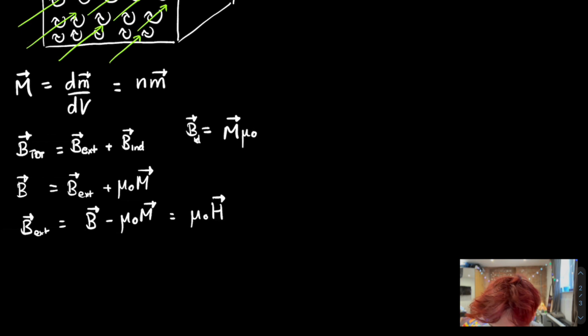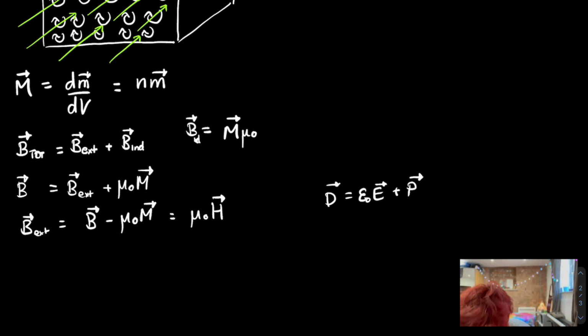This is very similar to the relationship D equals epsilon naught E plus P, back when we were considering electric or dielectric materials. This D was independent of the material, and that is very similar to this H field.